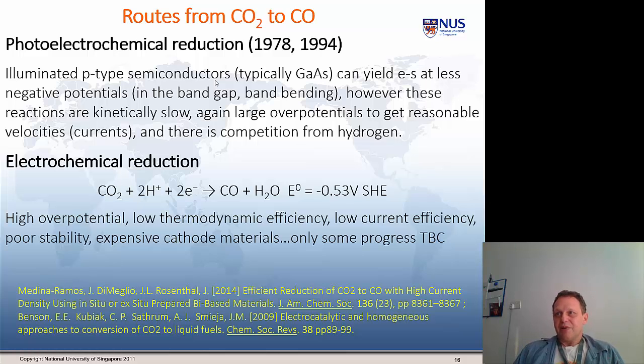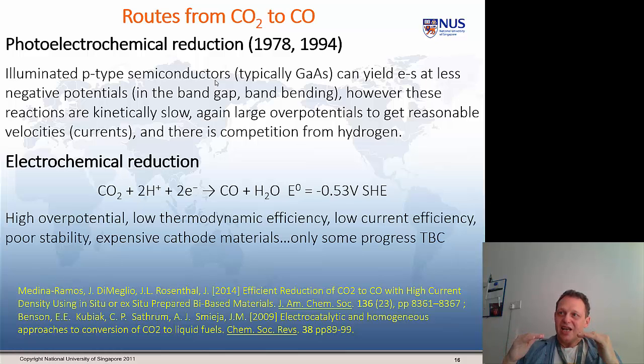If you illuminate a p-type semiconductor, and gallium arsenide is a good one, effectively it can reduce the potentials at which you can yield electrons.